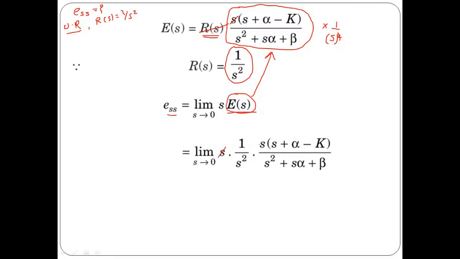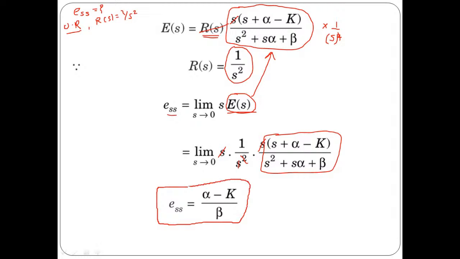So this s square, this s will get cancelled. So ultimately we need to solve this expression only, where limit s tends to 0. So if you solve this, you will get the value of steady state error as alpha minus k upon beta. This is very important, and this is our final answer.